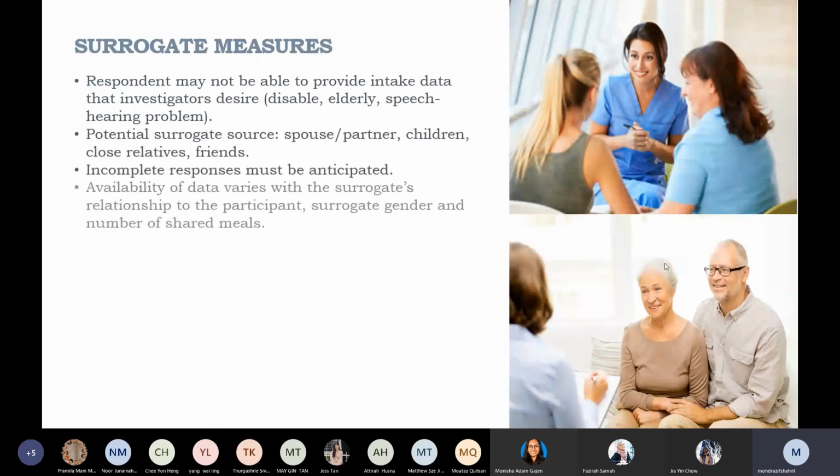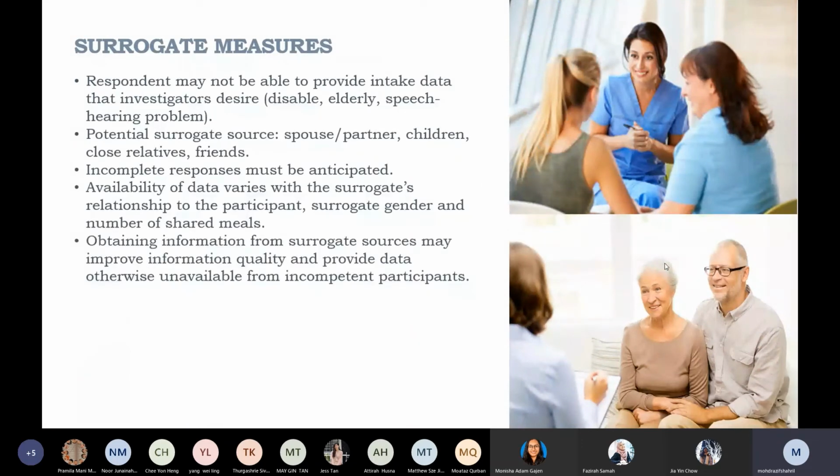And finally, the mode is using surrogate measures. This is when the respondent is not able to provide the intake data that the investigators desire, because they are disabled, elderly, or have speech or hearing problems. The potential surrogate sources are their spouse or partner, their children if they are elderly, and close relatives and friends, especially those who eat together and live together.